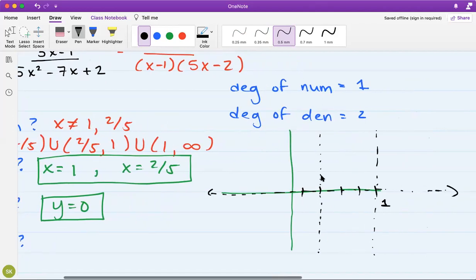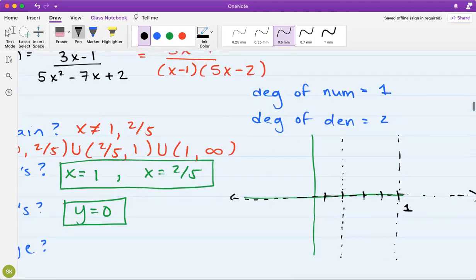So remember that horizontal asymptotes tell us the end behavior of the graph. We're going to approach this asymptote on the left side, and also on the right side. And then near these vertical asymptotes, we're either going to go towards positive infinity or down towards negative infinity. So let's see what the graph looks like. I'm going to switch over to the graphing calculator.